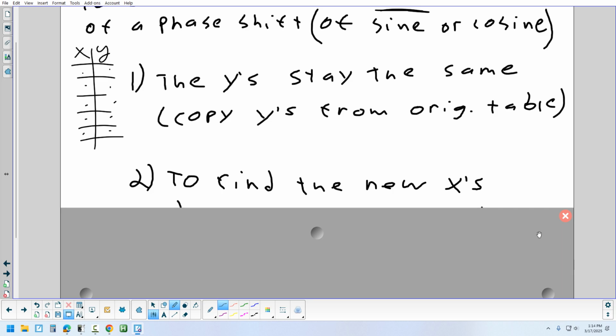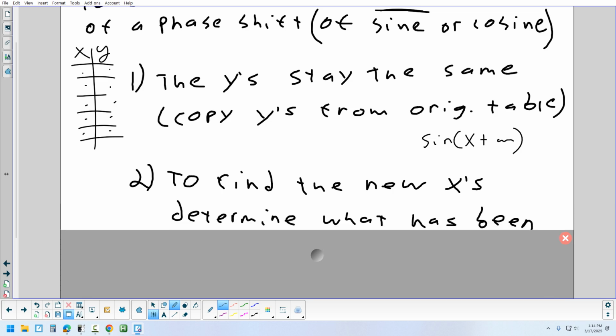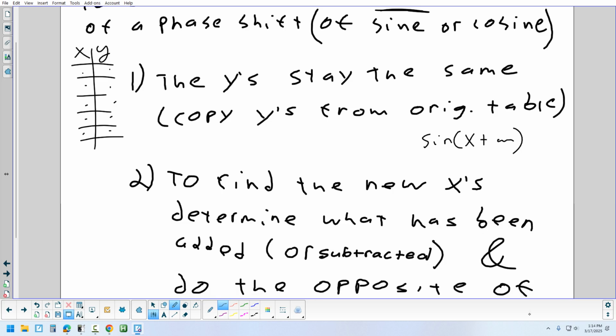Now remember, if you have x plus and then something, plus is going to move it which way? Left. To the left. So what we want to do is when you are shifting, look at that symbol right there. You're going to look at that symbol, and then you're going to do the opposite of it. Why?